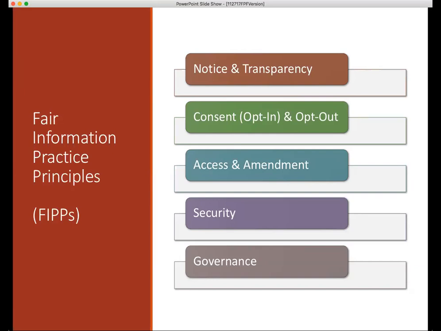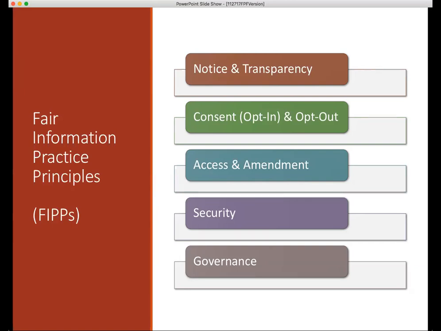And there's security, which is trying to prevent unauthorized access to records, and also making sure that there are systems in place, both technologically and procedurally and in terms of personnel, to protect information. Also, governance.